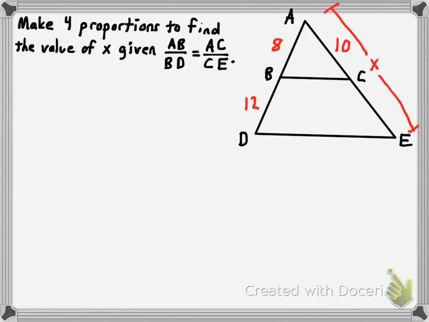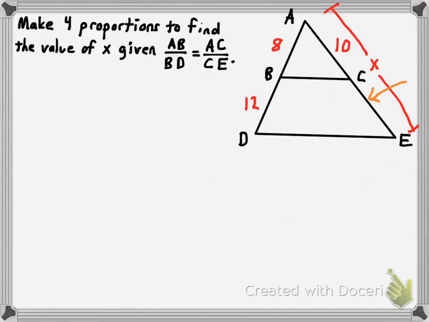For instance, if you look at AB and BD, that's like the top half of the left side of the triangle and the bottom half of the left side of the triangle. Well, it turns out that that is equal to, according to this, the ratio between the top half of the right side of the triangle and the bottom half of the right side of the triangle. And so I can make this proportion in order to find out what x is.